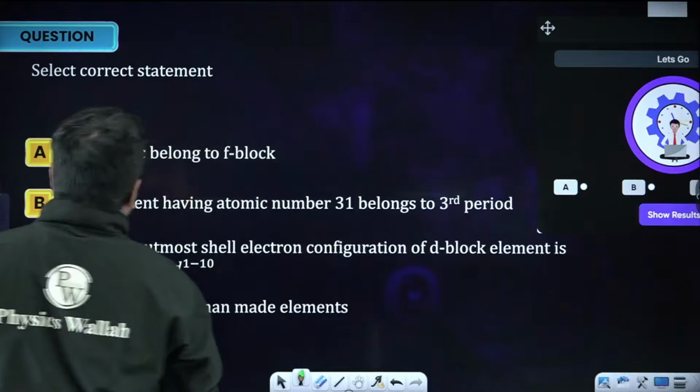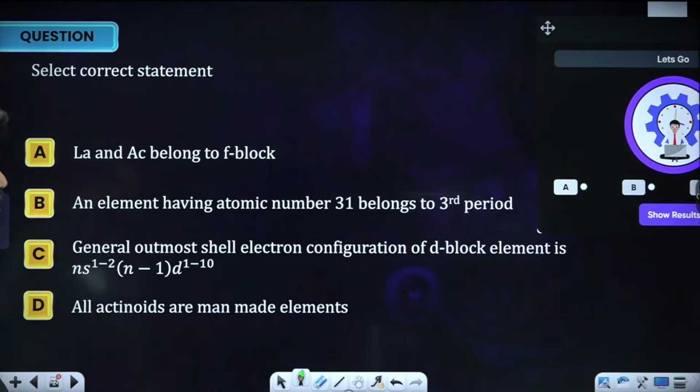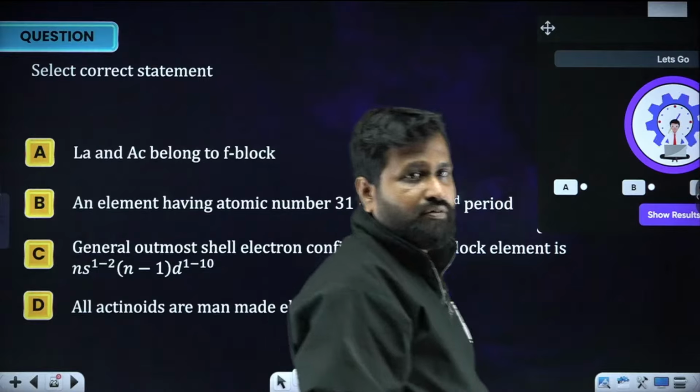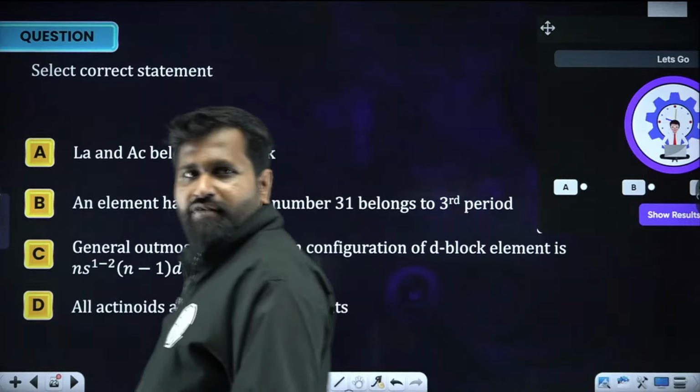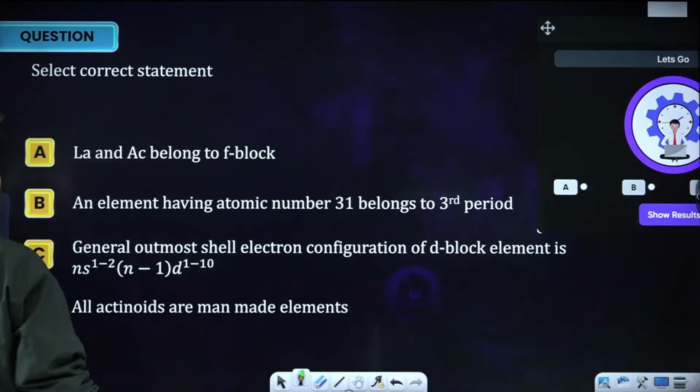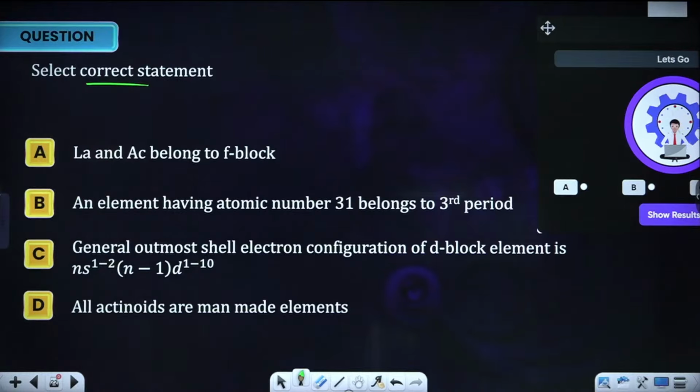Lanthanoid and actinoid belong to F block. An element having atomic number 31 belongs to third period. General outermost shell electron configuration of D block element. All actinoids are man-made elements. Read the question carefully, what they are asking. Select correct statement, they are asking.